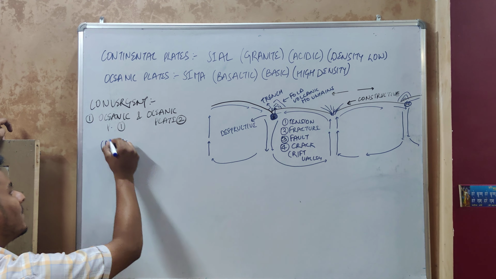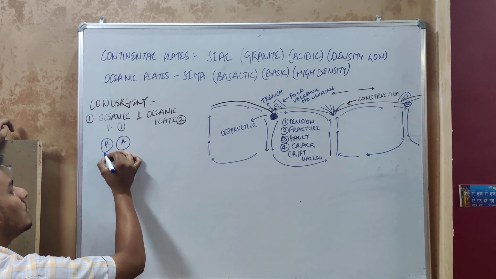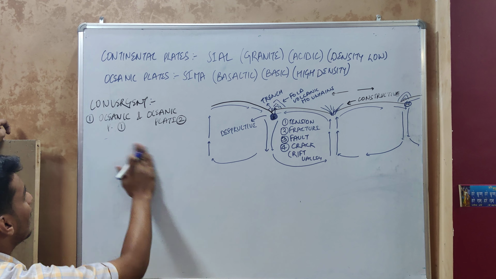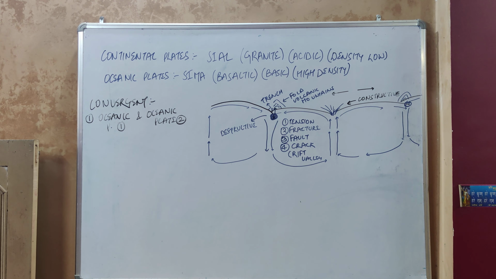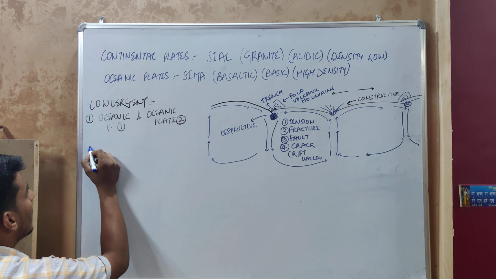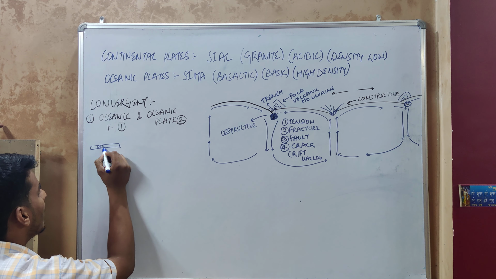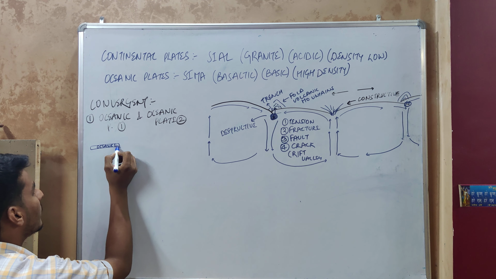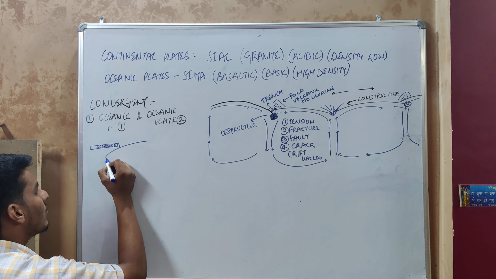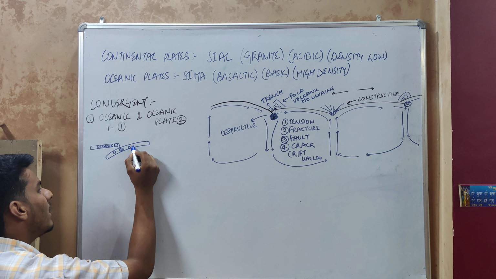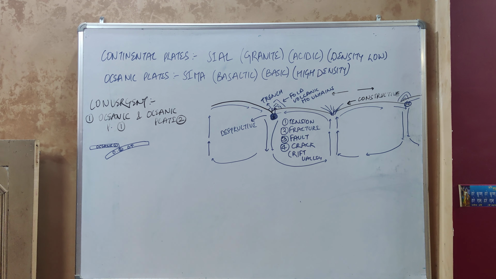So if the Pacific plate is denser than the Atlantic plate, the Pacific plate will come down and the Atlantic plate will stay if they converge, right? So what will be the formation? If this is oceanic plate 1, and if this is a second oceanic plate, oceanic plate 2, which is denser, that's why it is coming down.